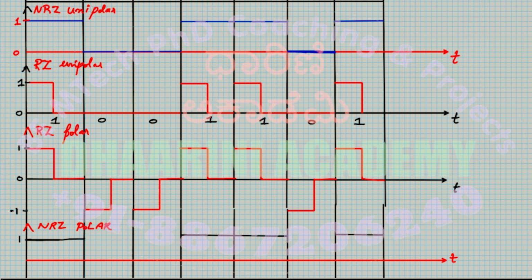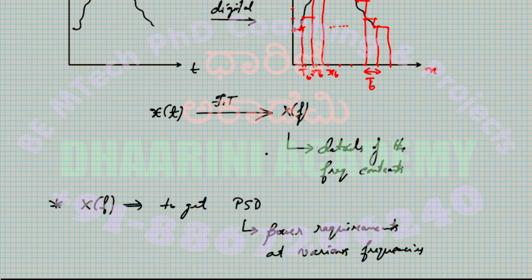Let us assume that the total sampling duration is TB. Half the time it will retain the polarity related to 1, that is plus 1, and the remaining duration it will be 0. Okay, so that's the idea here. You can see here, in this case, this is what is happening. It is 1 for a certain duration, and then it comes back to 0.